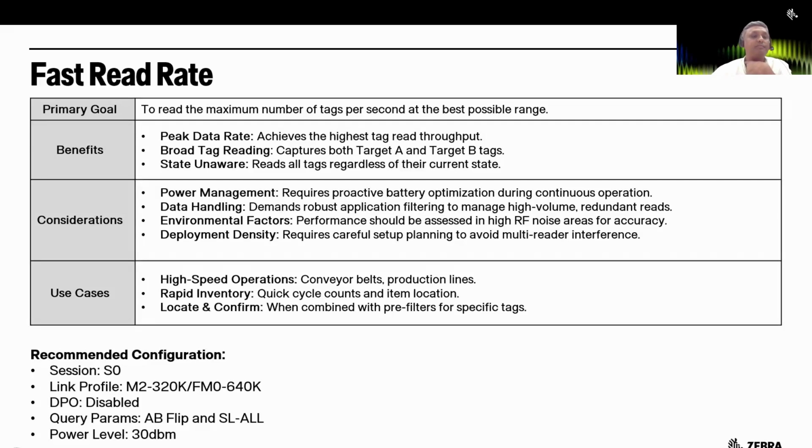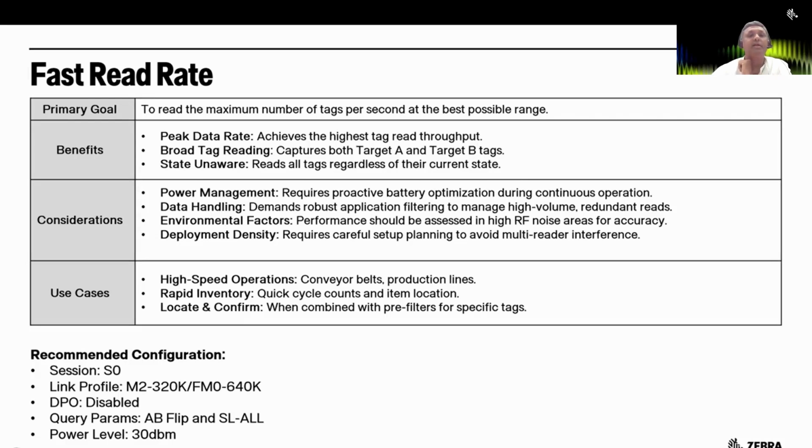We need to understand, when we configure our reader for these particular use cases, there are some benefits and some considerations that we'll have to keep in mind, right? So benefits, definitely we will get a peak data rate.